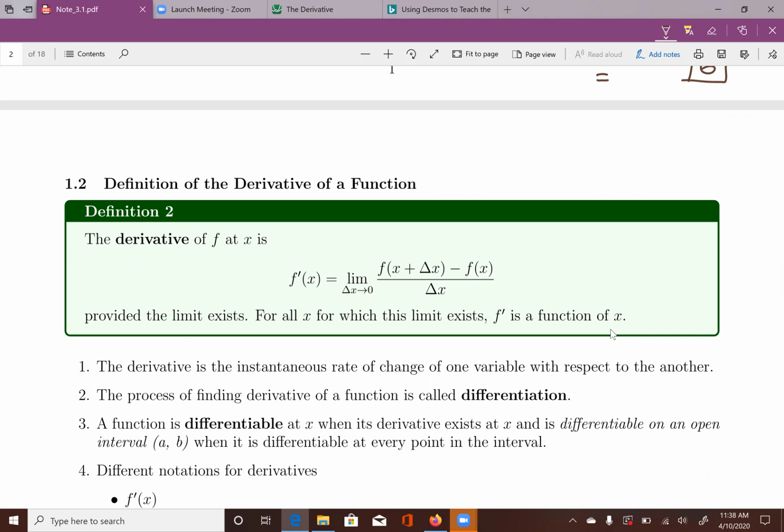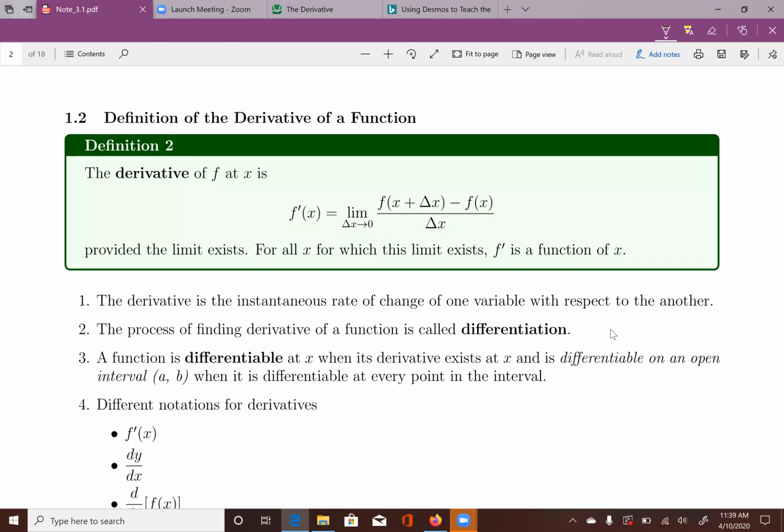If you have a function that is continuously changing, then the slope of the function changes as you go through different points, and then the slope is defined by a function.